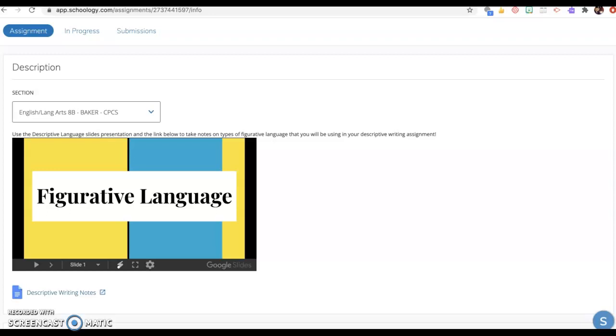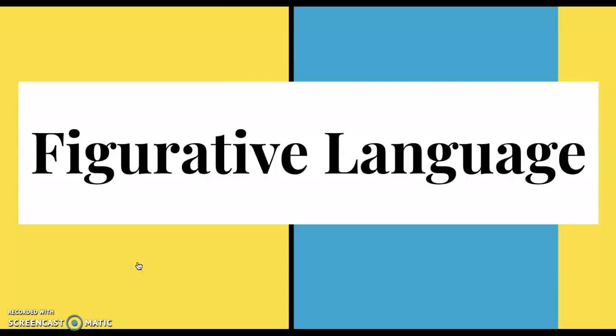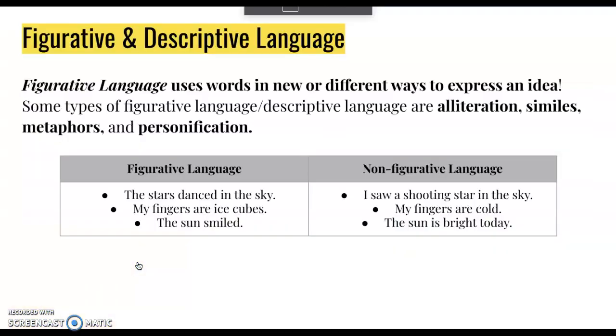All right, so figurative language. Figurative language uses words in new or different ways to express an idea. Some types of figurative language are alliteration, similes, metaphors, and personification. Figurative language is kind of more beautiful, to be honest, than non-figurative language, which is kind of dry.